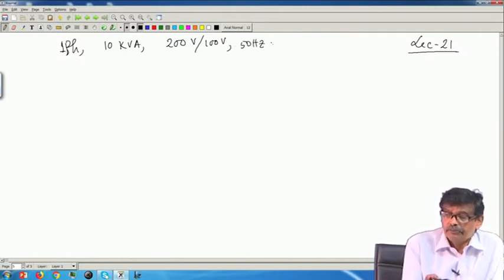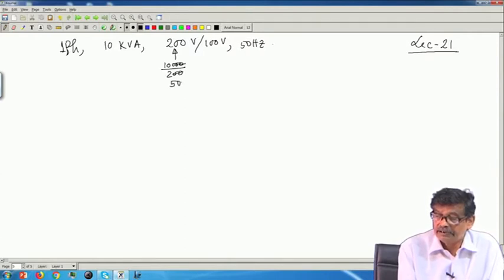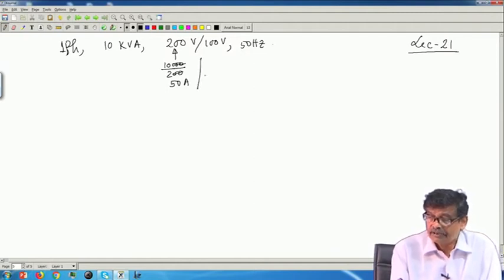I told you, the moment you know the rated values, always find the rated currents. So 10,000 by 200 will give you the rated current of the high voltage side, 50 ampere, and of course the rated current of the LV side will be twice this amount, 100 ampere.